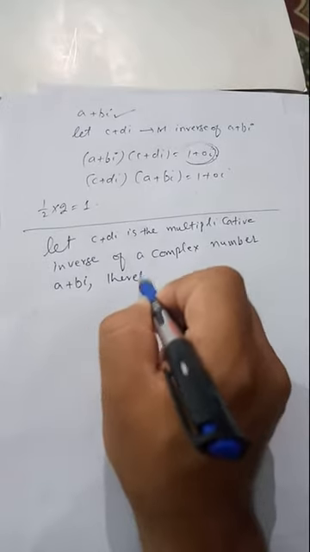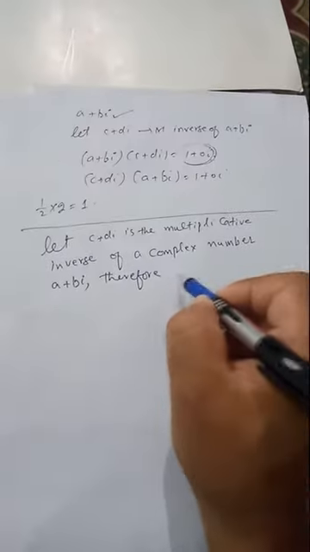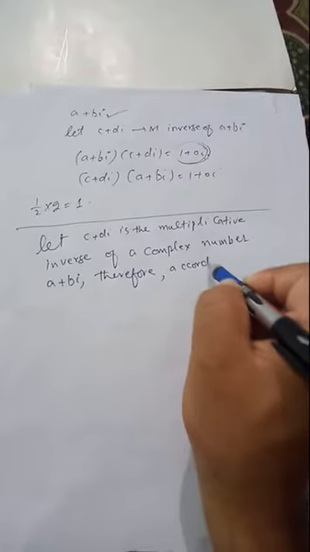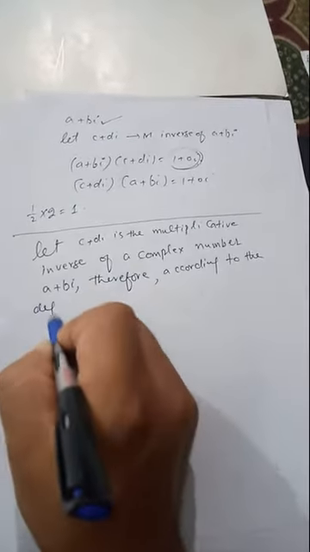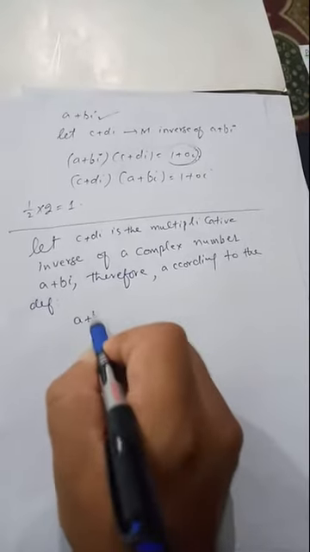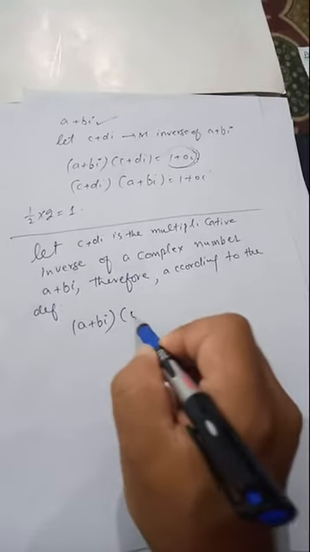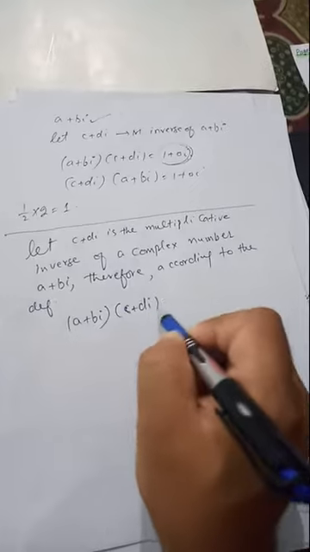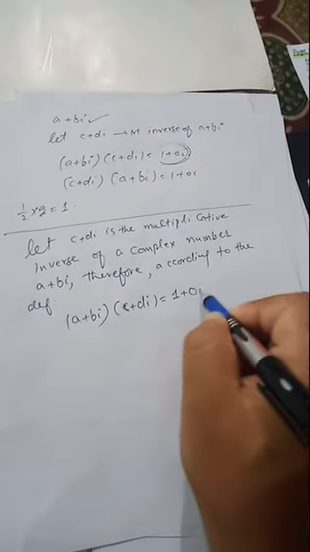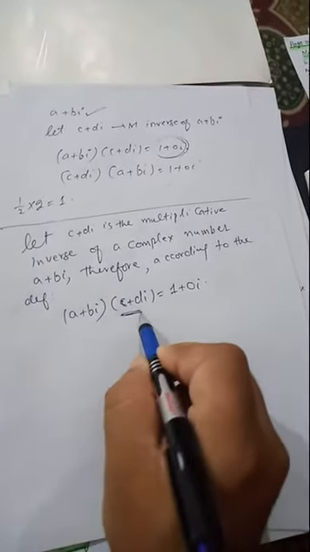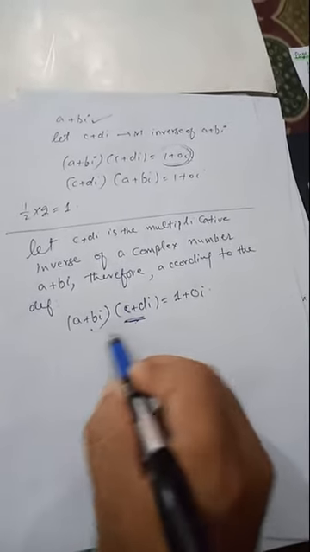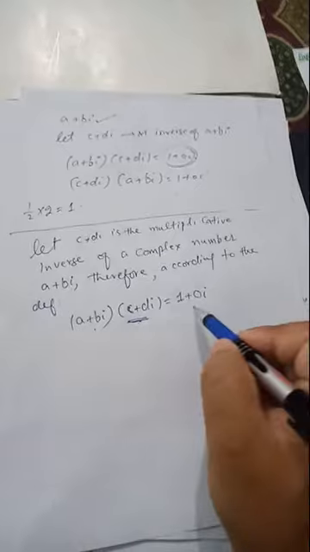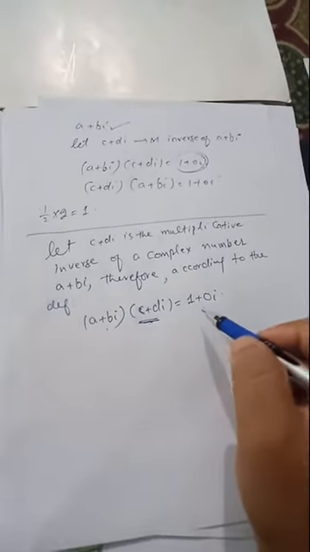Therefore, according to the definition, a plus b iota multiplied by c plus d iota will be equal to 1 plus 0 iota, because this is the multiplicative inverse of this complex number. Whenever multiplicative inverses are multiplied, you will always get the multiplicative identity.